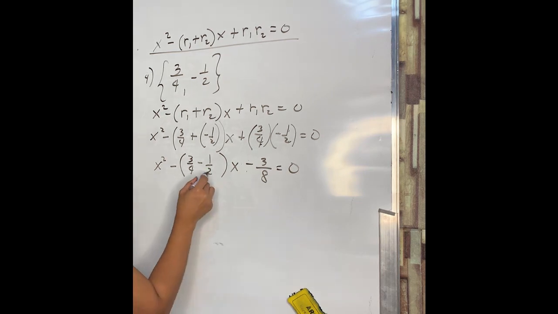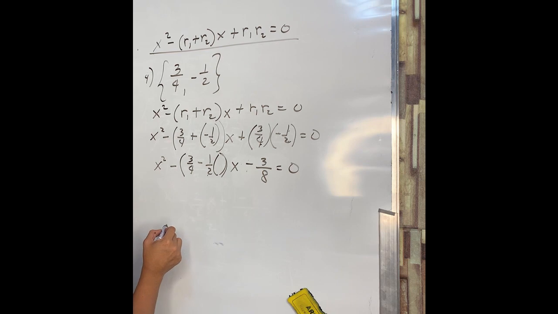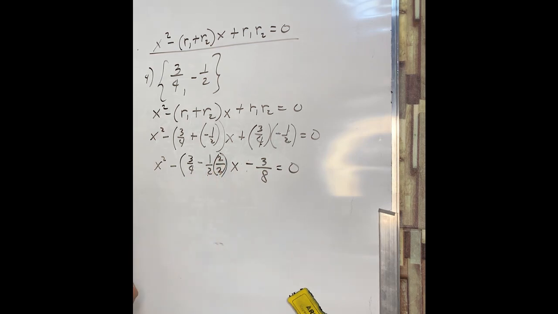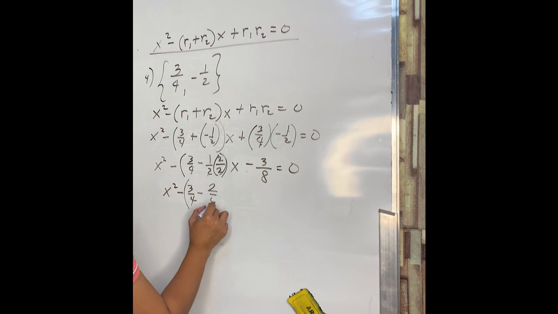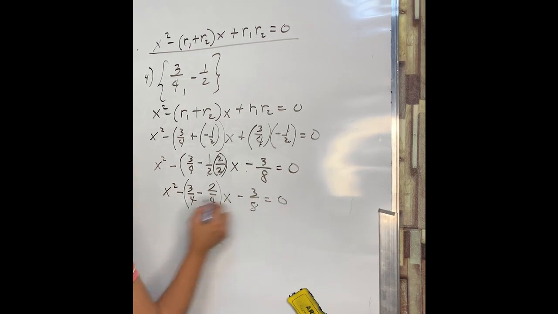So since they are dissimilar fractions, we need to make the denominator of 1/2 to be 4. So I will just multiply the numerator by 2 and the denominator by 2. So x squared minus 3/4 minus 2 over 4, x minus 3 over 8 is equal to 0.